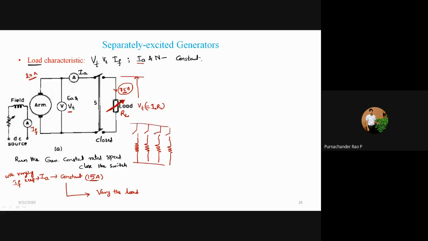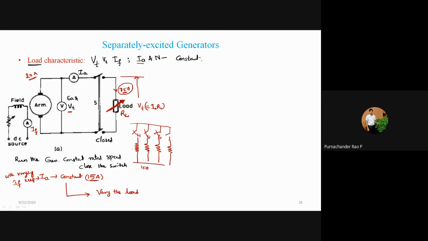This is a load connection. Each one is carrying some 10 amps of load or 5 amps like that. Initially this switch was closed, this switch was closed, and this switch was closed, and then it is carrying 15 amps of current.